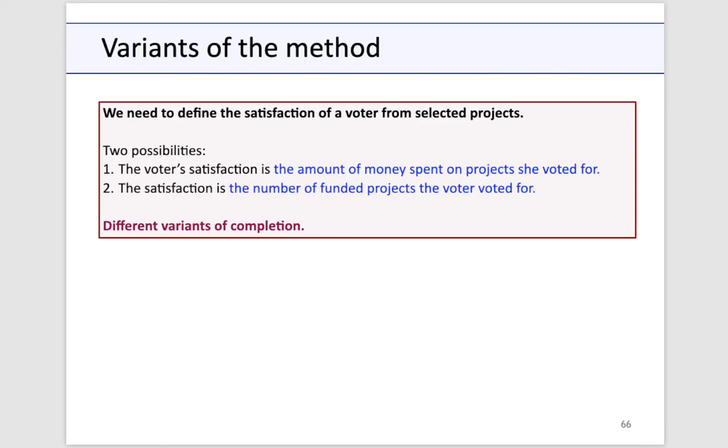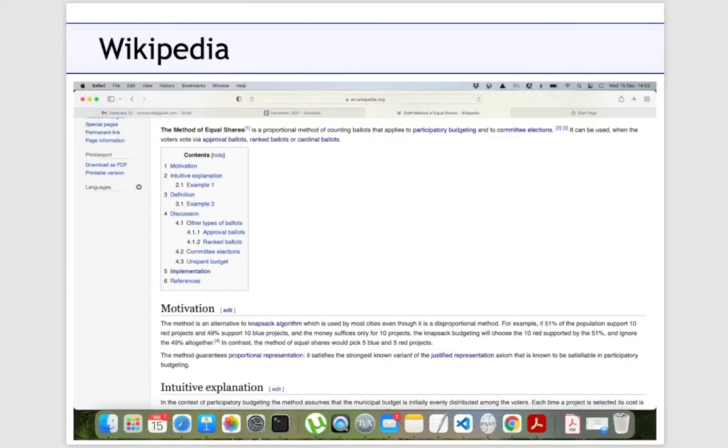That is, we give them slightly more money. And then we run the method of equal shares once again. And we repeat this procedure until the moment when the next increase of the initial endowment would result in exceeding the total available funds.